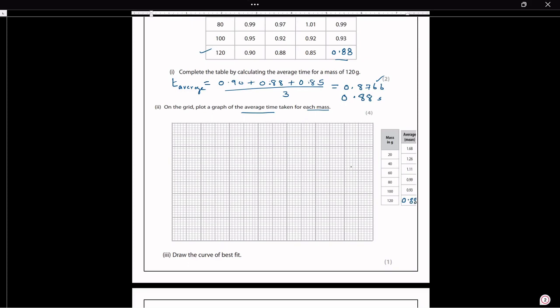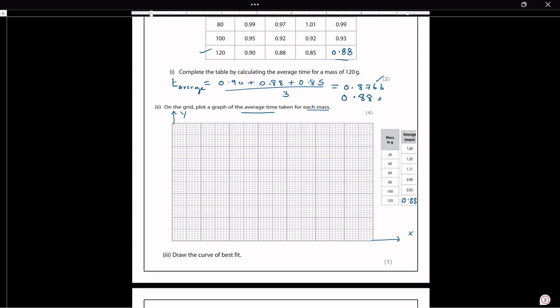Now let us plot the graph. When plotting a graph, the first step is labeling the x and y axis with the proper units. So what are you taking on the x axis and what on the y axis? Here we have already seen that the mass is the independent variable.